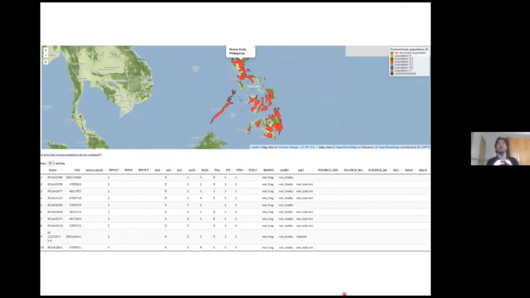Basically, this tool is a platform that integrates resistance, pathogen and environment in one single platform that is simple enough that everybody can have an idea of what is happening. Of course, there's a lot to do still, but we are working to integrate more diseases, not only bacterial blight and blast, but we expect to have virus diseases and other important diseases in other regions.